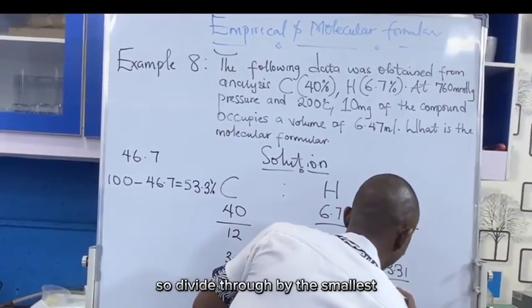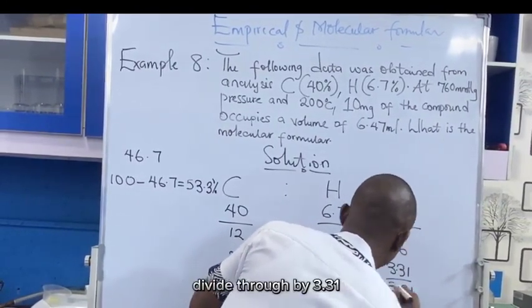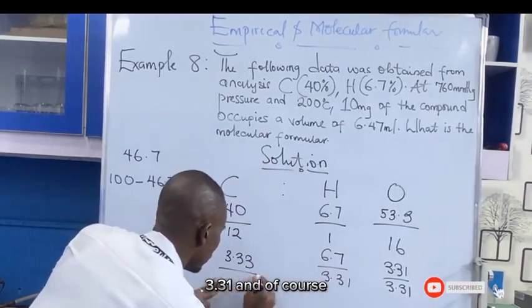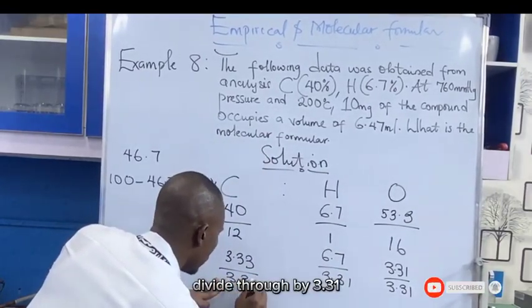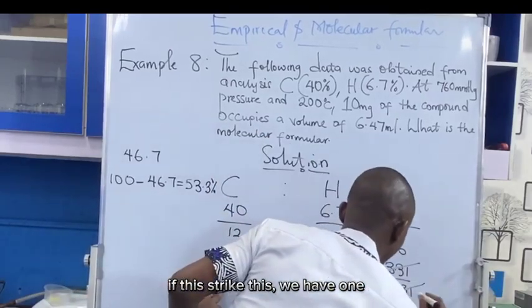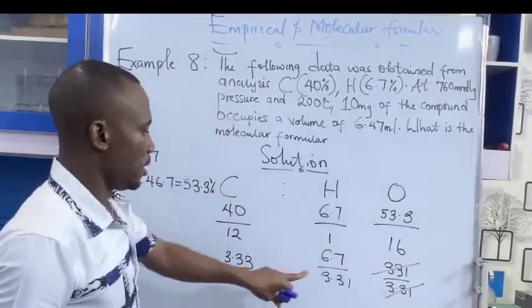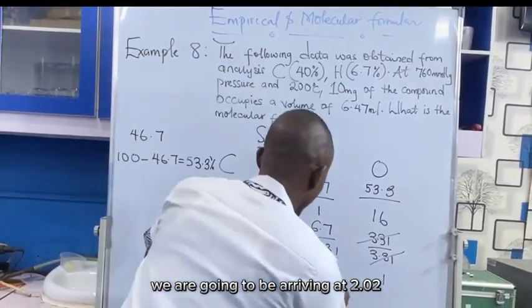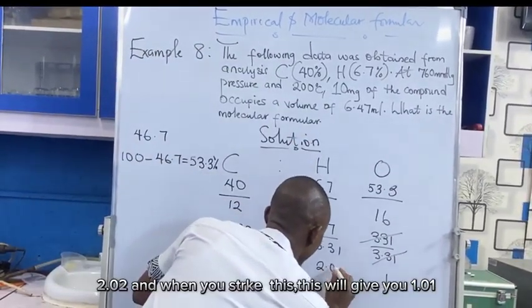So you divide through by the smallest, which is 3.31, for each. Carbon gives you 1. Hydrogen, 6.7 divided by 3.31, gives 2.02.